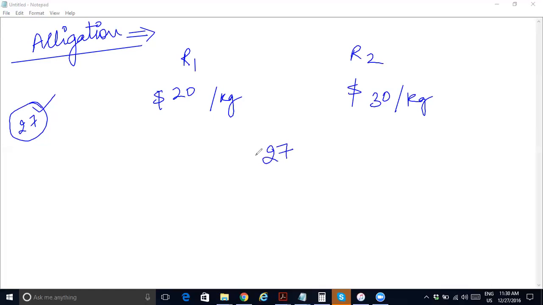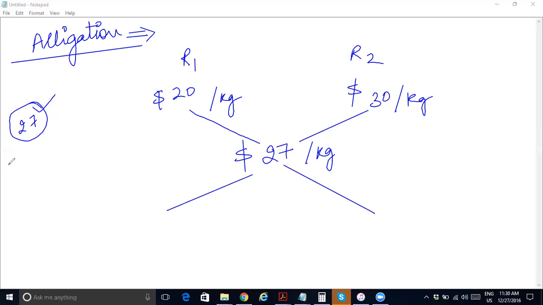So $27 per kg is the overall average that we are trying to achieve. How to do that? We have to perform the operation along the leg of X, and that operation is higher value minus lower value.